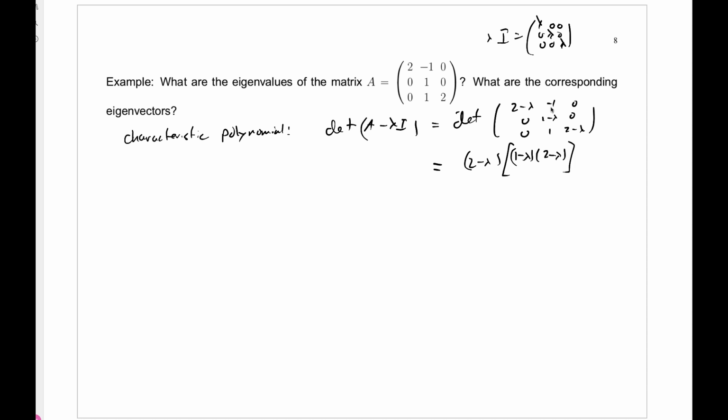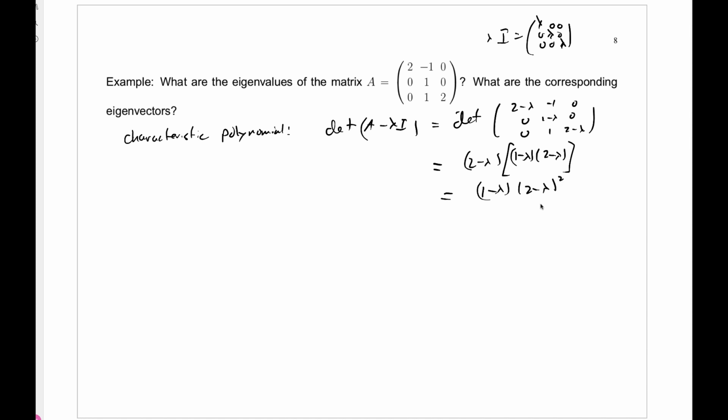And then we subtract -1 times the determinant of its minor matrix, but there'll be 0 and 0 here, so you'll see that the determinant of the minor matrix here is exactly 0. And then we add 0 times the determinant of its minor matrix, which will be 0. So in the end, we get the characteristic polynomial very quickly. It's just 1 minus lambda times 2 minus lambda squared.